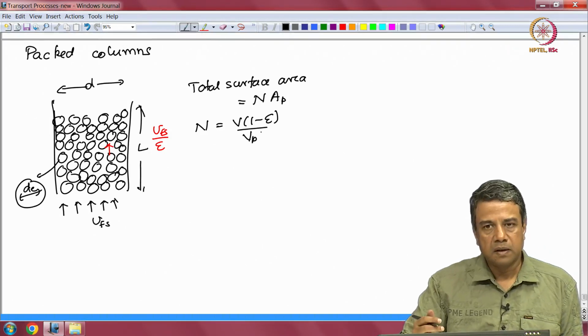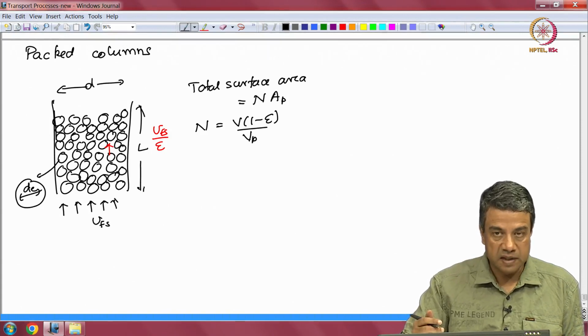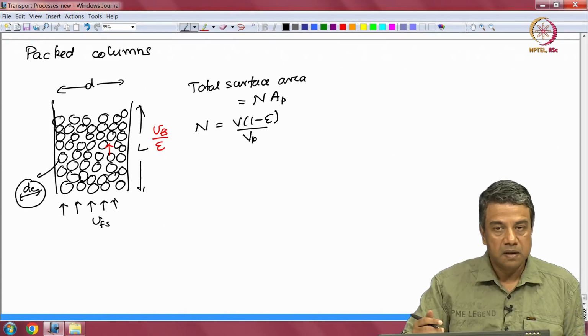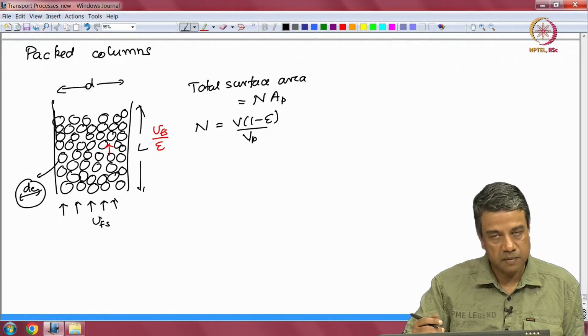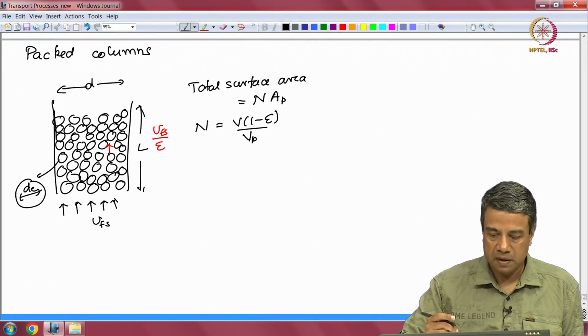V into epsilon is the porous area, the void space between the particles. V into 1 minus epsilon or V minus V epsilon is the volume of the particles, and divide that by the volume of one particle Vp, right.